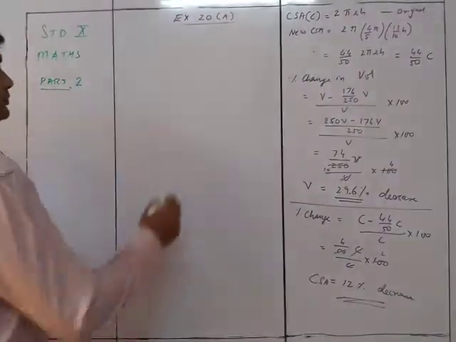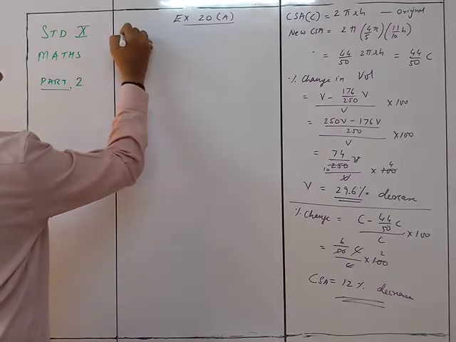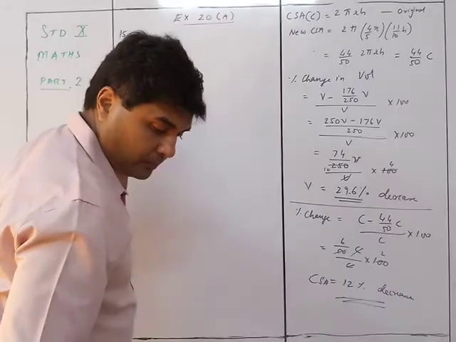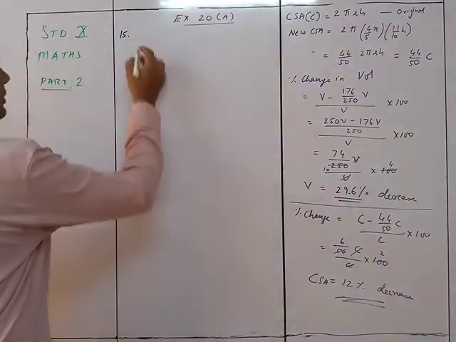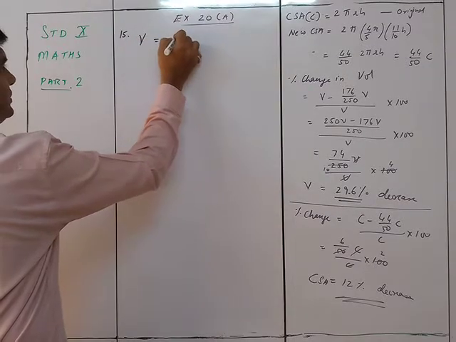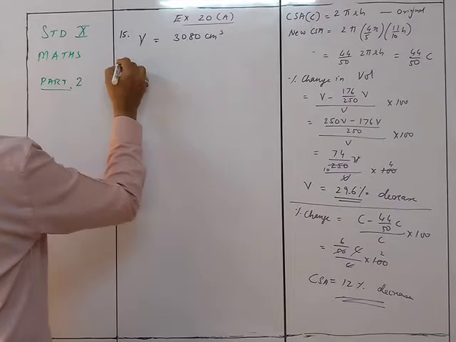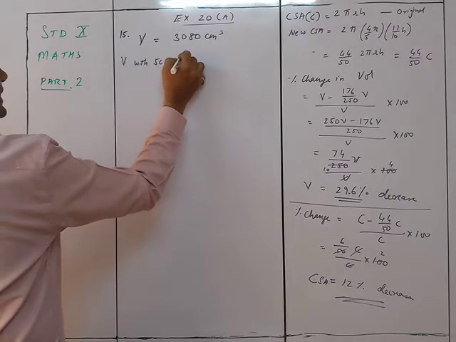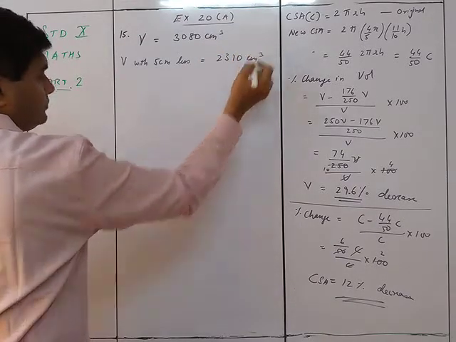First thing, this is sum number 15. What we have is the complete volume V equal to 3080 centimeter cube, and V with 5 centimeters less is 2310 centimeter cube.